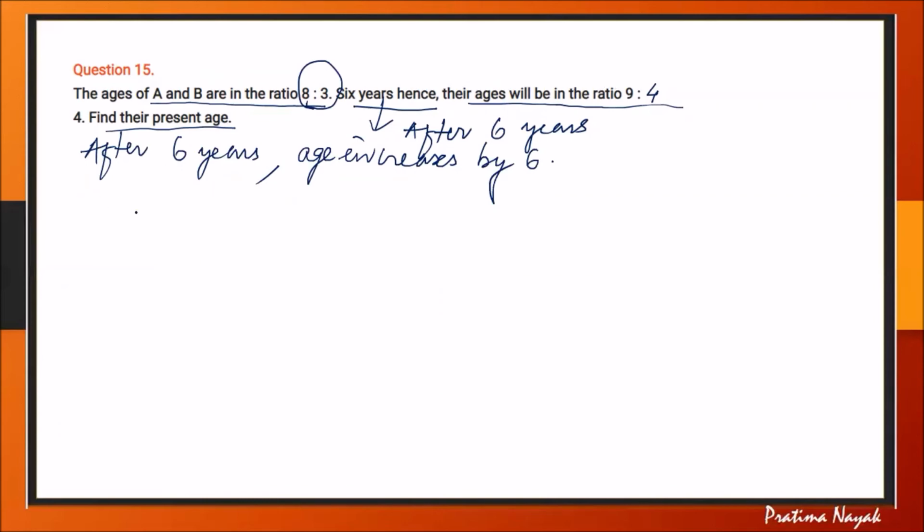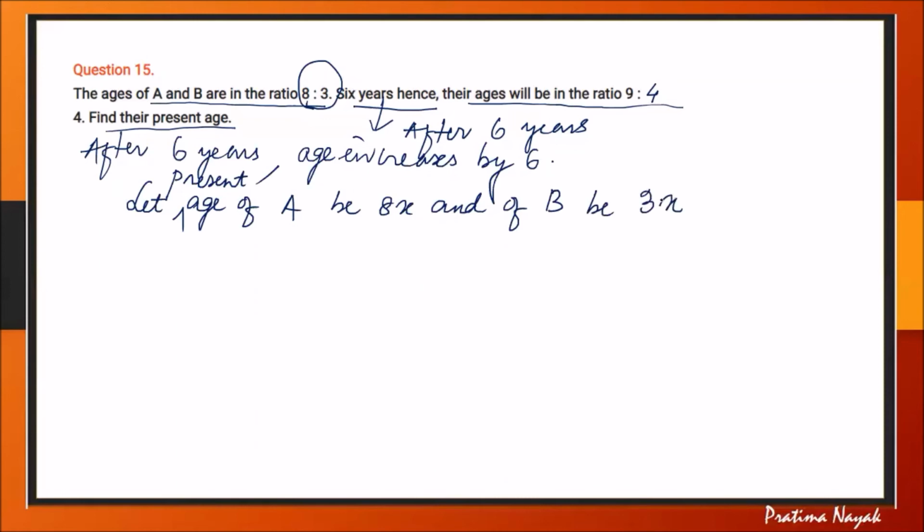So we'll start the answer. Let the age of A, which age? Present age. Let the present age of A be 8x and of B be 3x.